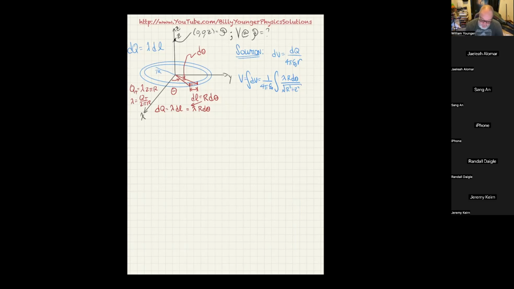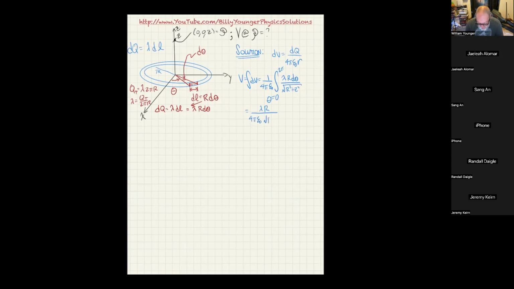Now notice the integration is going to take place with theta, and I'm going to integrate from theta equals 0 to 2 pi. And what you're going to get, of course, is that lambda and r come out in front. The 4 pi epsilon naught stays out in front.